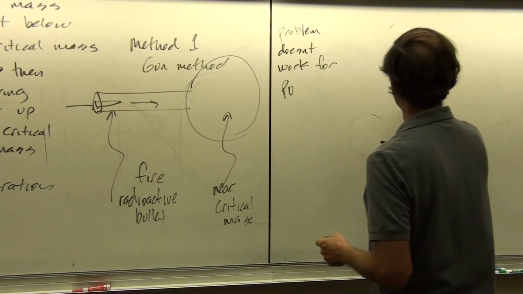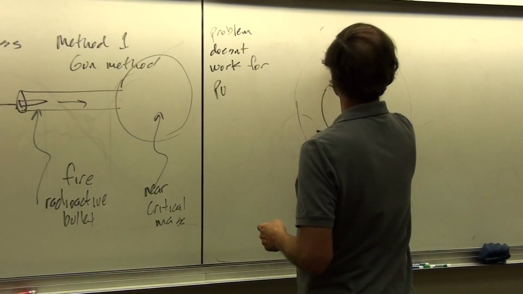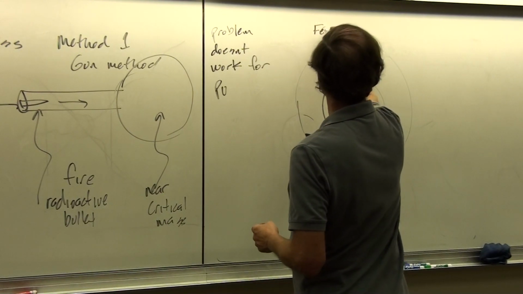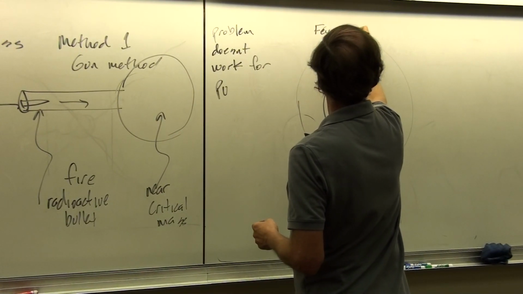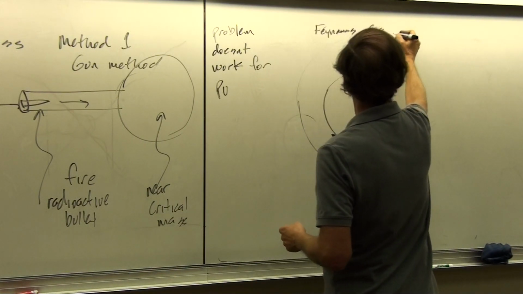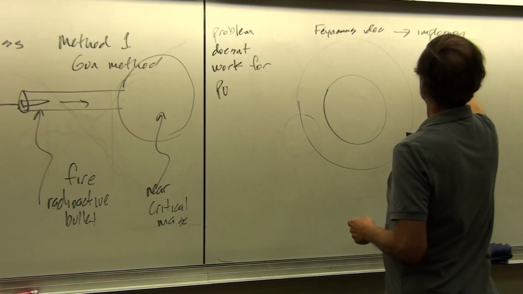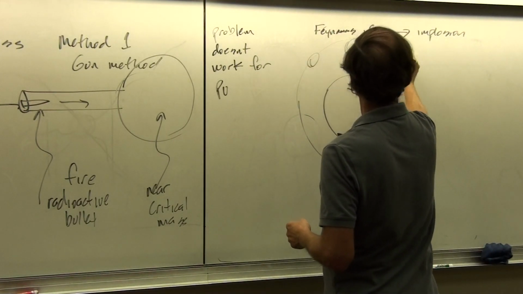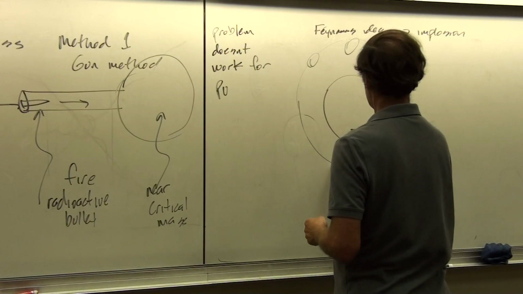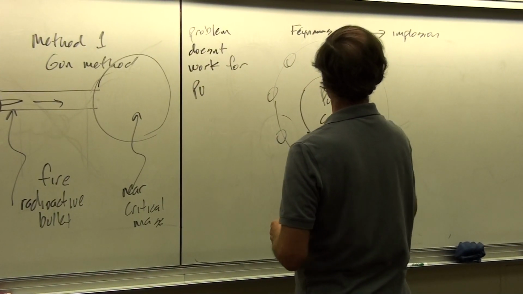And so Richard Feynman came up with another idea. Feynman's idea is to have plastic explosives to cause implosion. So here are plastic explosives, and then here's our plutonium core that's near critical.